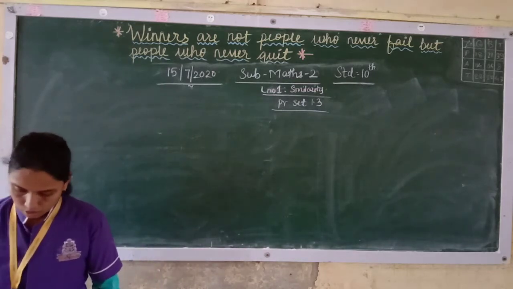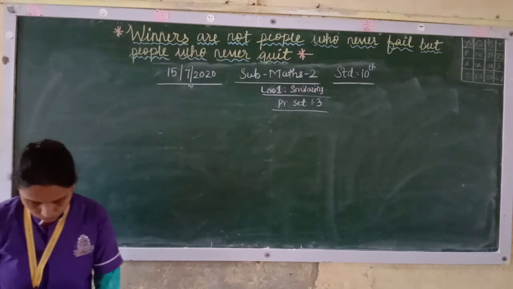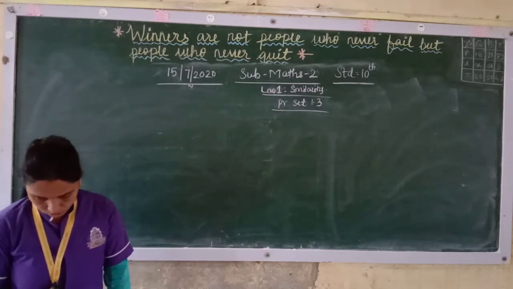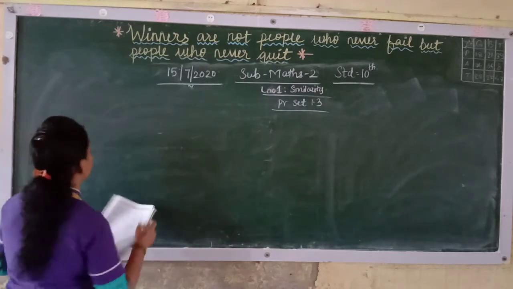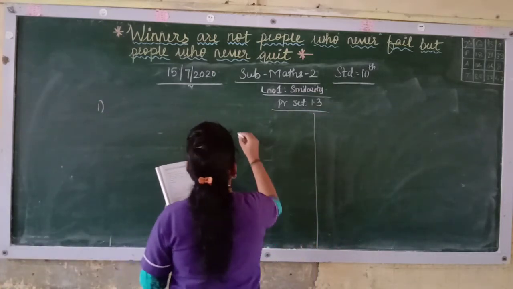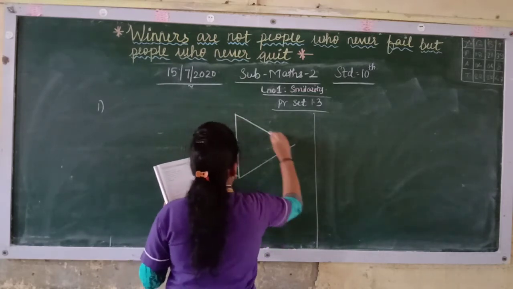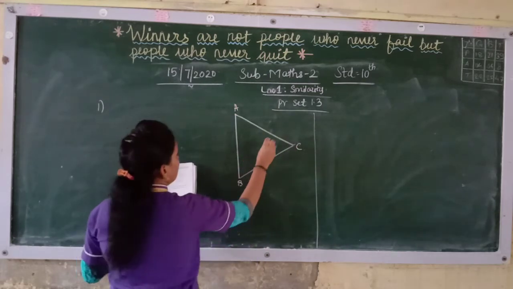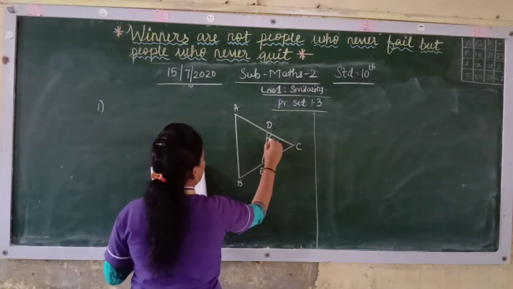Now if you see in practice set 1.3, the first sum what you got is, it is given here A, B, C. This is D, E. Here it is 75.